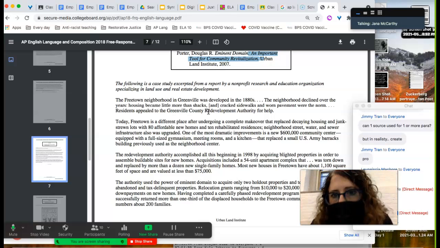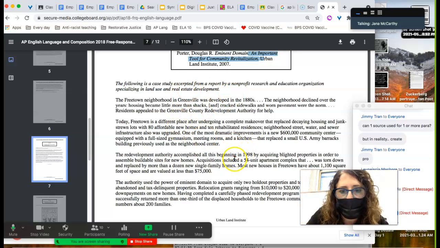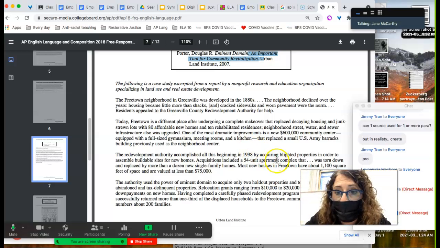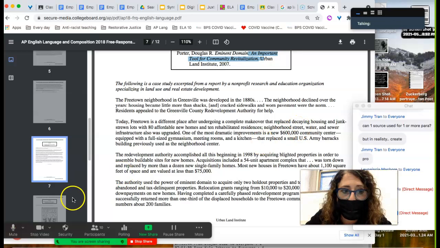I don't know, I made that up, right? So this is a counter. You take one of these: while some say, okay, while this neighborhood, Freetown, was revitalized, quote, or just paraphrase it. You don't need to use a direct quote. You can paraphrase one of these sources. So I have my rebuttal here.